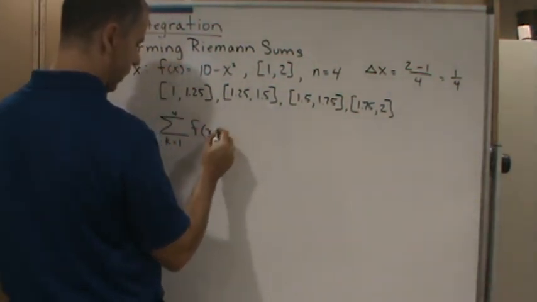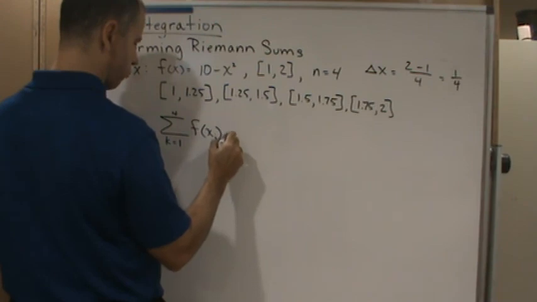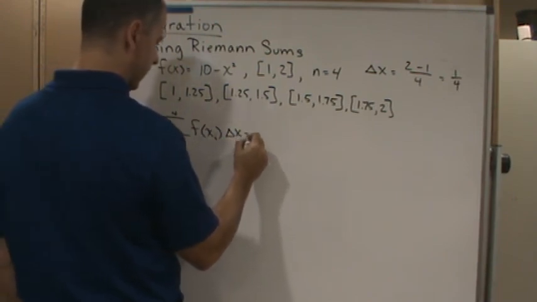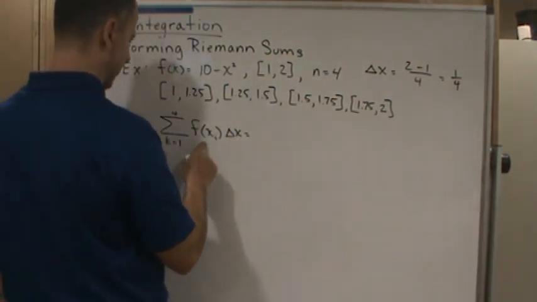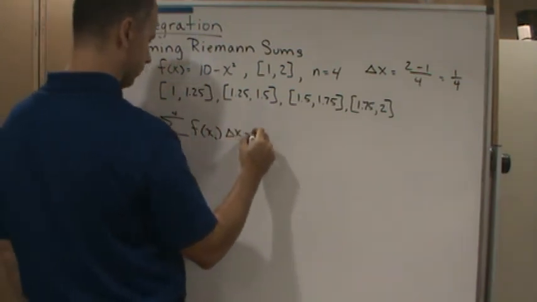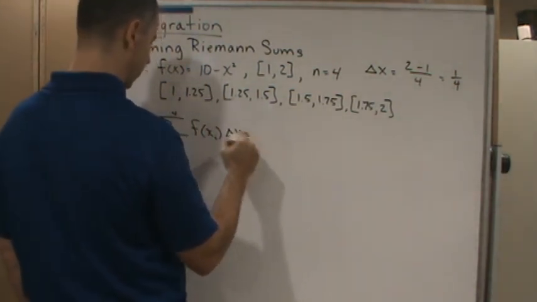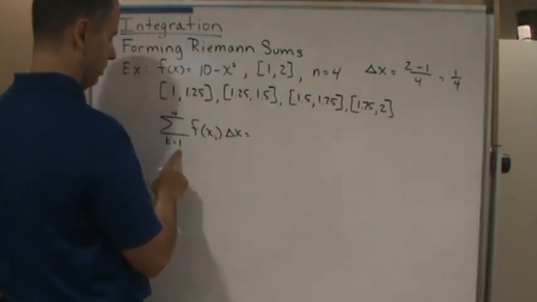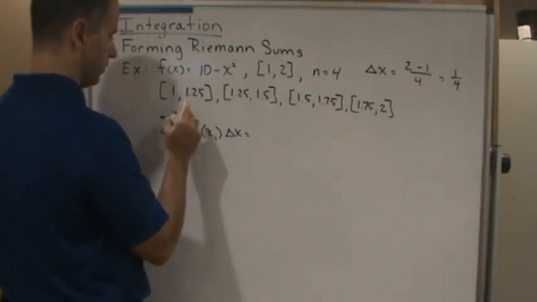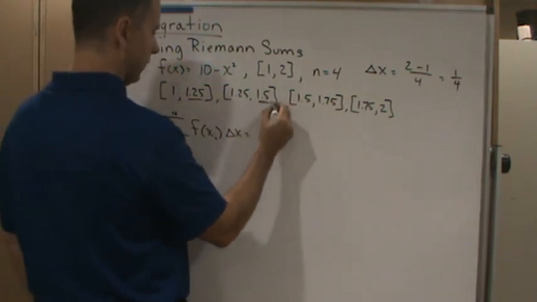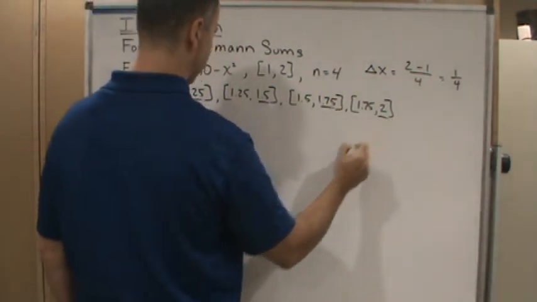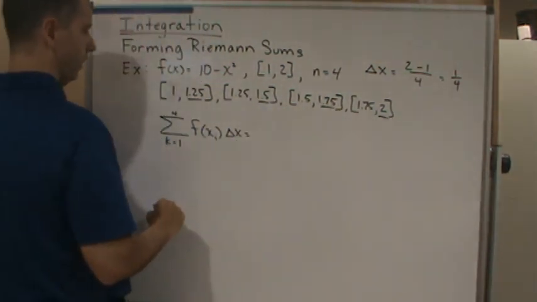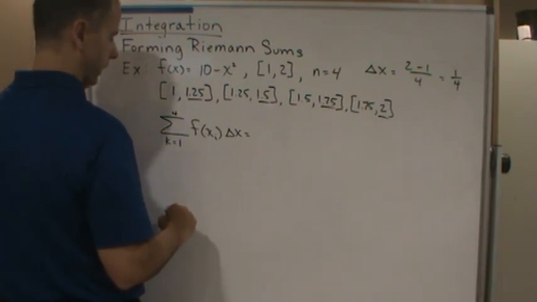Where x sub i is just the right endpoint, times delta x. And so now what are we going to do? We're going to put in this one, this one, this one, and this one. Okay? So it's going to be x sub 1.